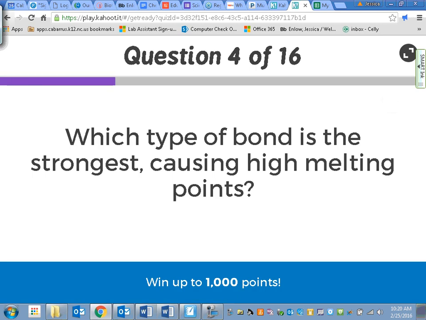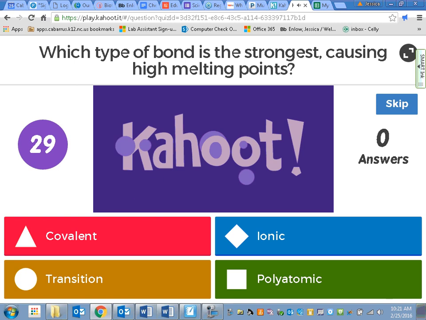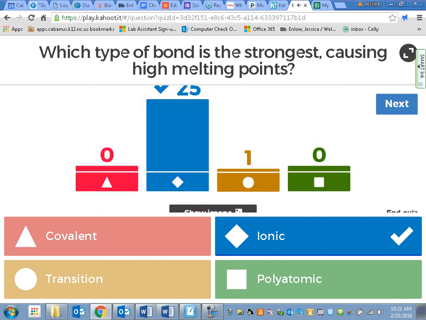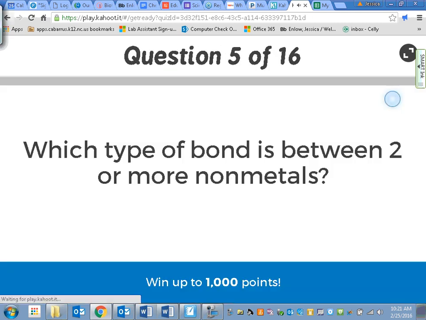Which type of bond is the strongest, causing the highest melting points? This is how multiple choice should always go, like 30 seconds or less. All right, 26 and 27. Good. Strongest bonds mean high electrostatic attraction. Very, very good. I don't have any zero.